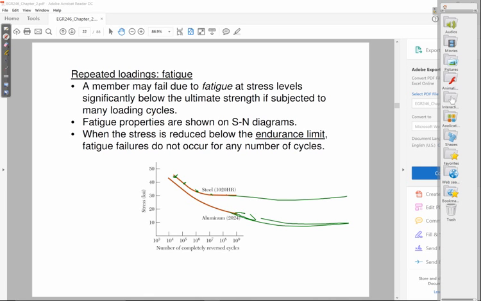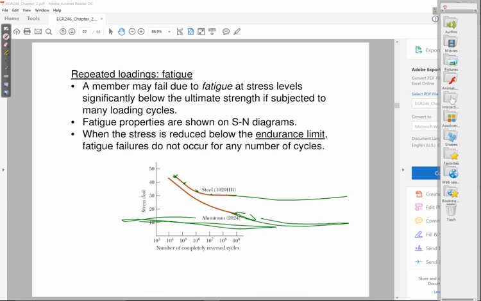What that means is there actually is a stress level below which you can load your part forever, at least theoretically. So this, again, is fatigue. If you're working on a project where you do have fatigue loading, where you're designing a part that's going to be loaded maybe millions of cycles, then there are more detailed handbooks that contain much better graphs than this.